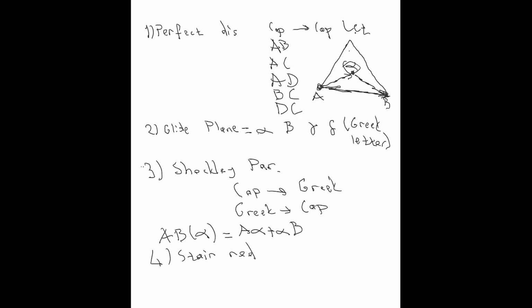Yes. So once you combine two different Shockley partials, what you get is from Greek to Greek. So for example, alpha beta is the stair rod, or beta gamma is the stair rod.